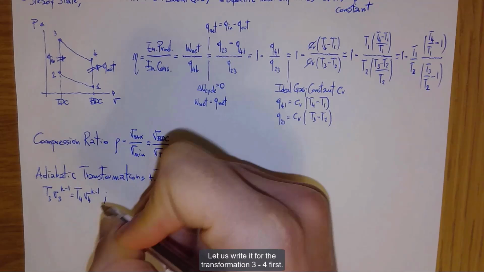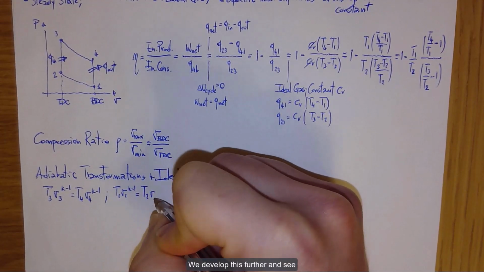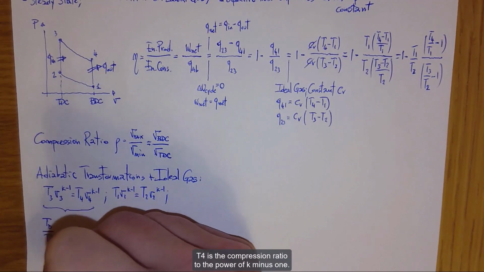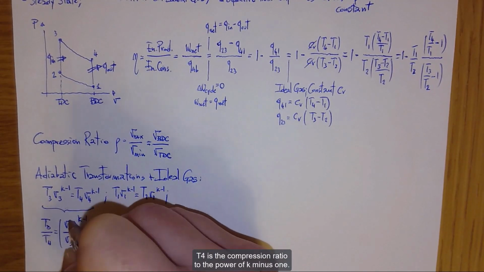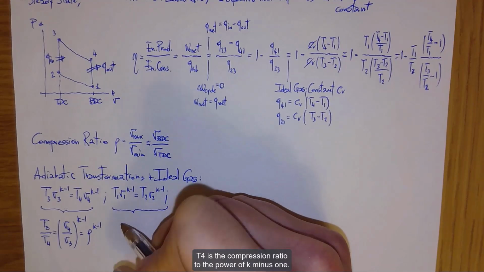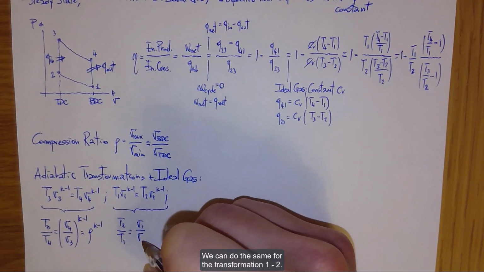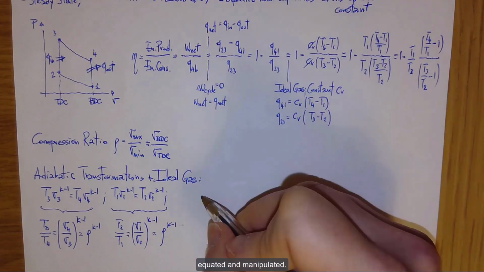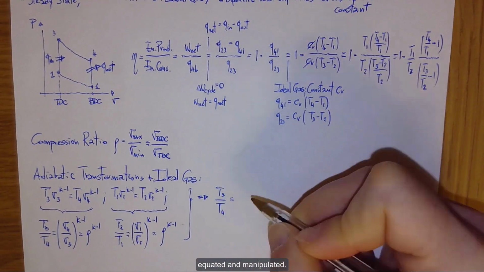Let us write it for the transformation 3-4 first. We develop this further and see that the ratio between T3 and T4 is the compression ratio to the power of k minus 1. We can do the same for the transformation 1-2. Therefore, the two temperature ratios can be equated and manipulated.